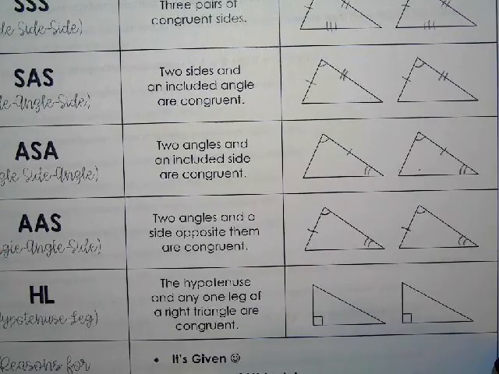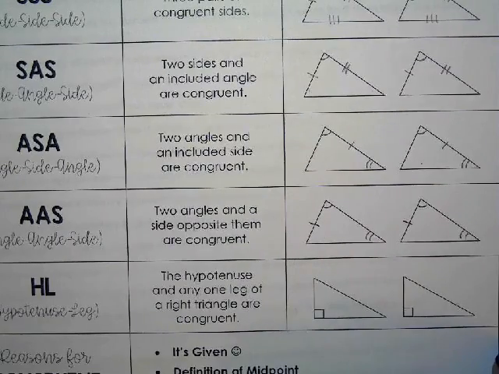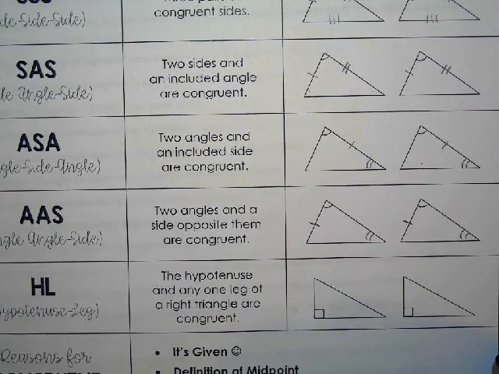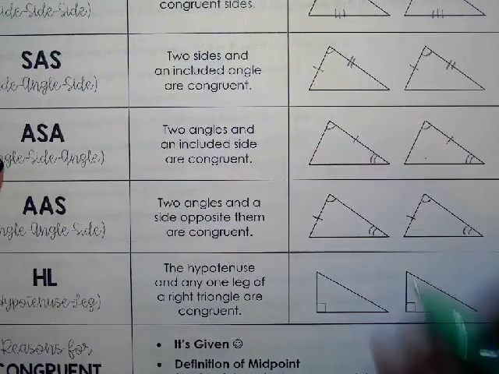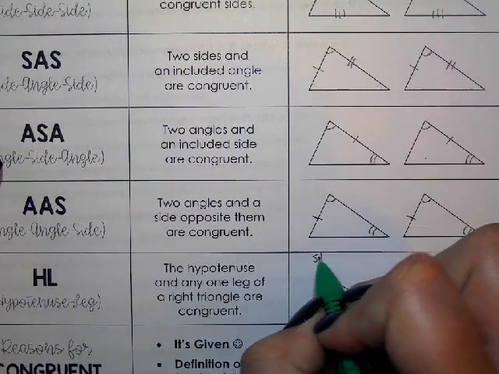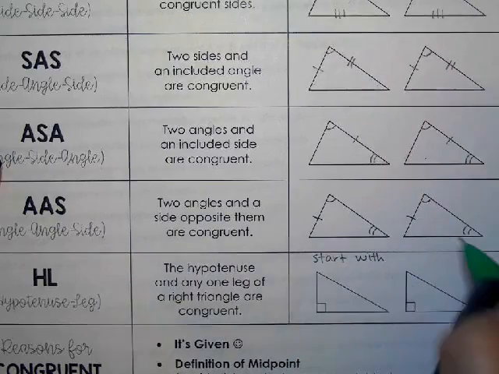Okay. For hypotenuse leg, you have to start with a right triangle. So if that is not clear from these instructions, it says any right triangle, but I'm going to go ahead and write it here. Start with a right triangle. You might say, Miss Rice, but it says that already.